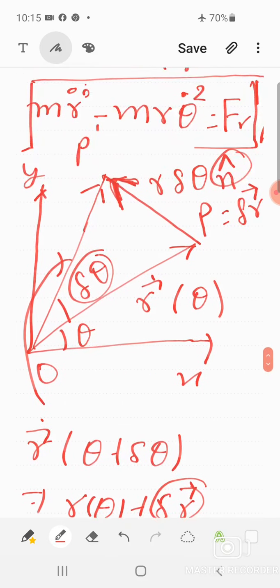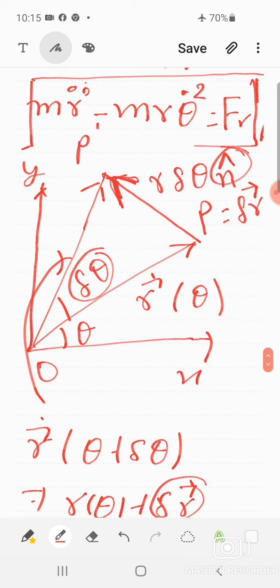Above we have found the relation that r delta theta in the direction of the unit vector n will be equal to the delta r.